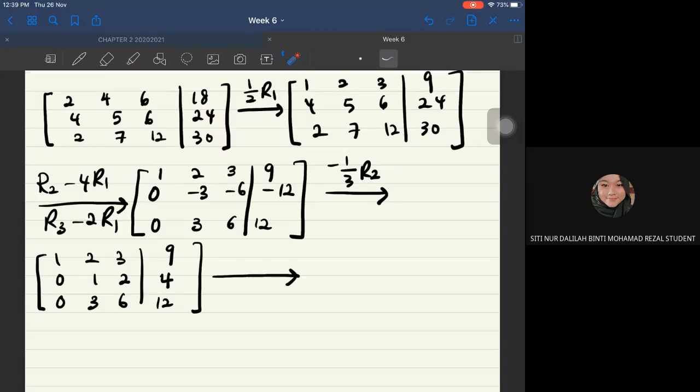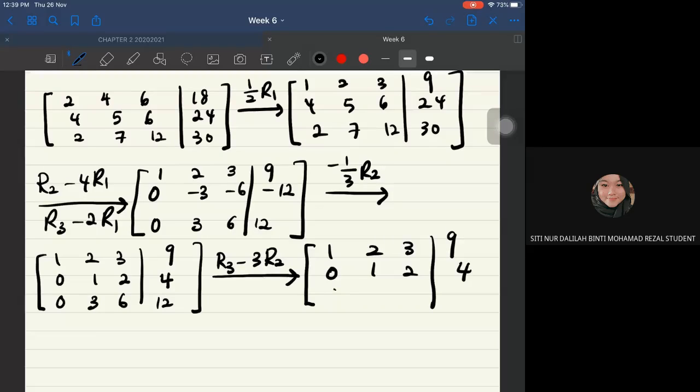What will be your operation untuk jadikan 3 ni kosong? Yes, R3 minus 3 R2 will give you 0, 0, 0, 0. Okay.